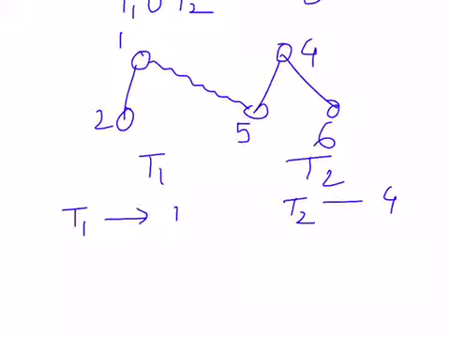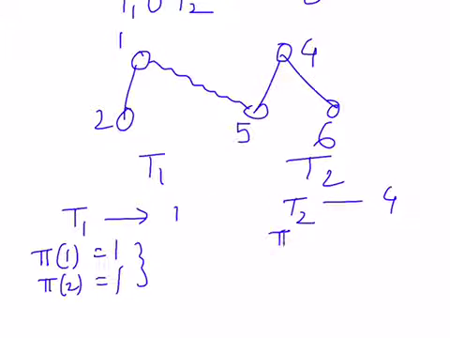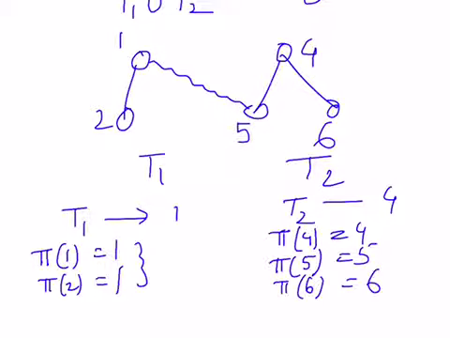What it means is we can basically define a parent function where I say parent of 1 is 1, parent of 2 is 1. What it is saying is basically that both 1 and 2 belong to the same tree. Similarly, here you can write parent of 4 equal to 4, parent of 5 equal to 4, parent of 6 equal to 4.